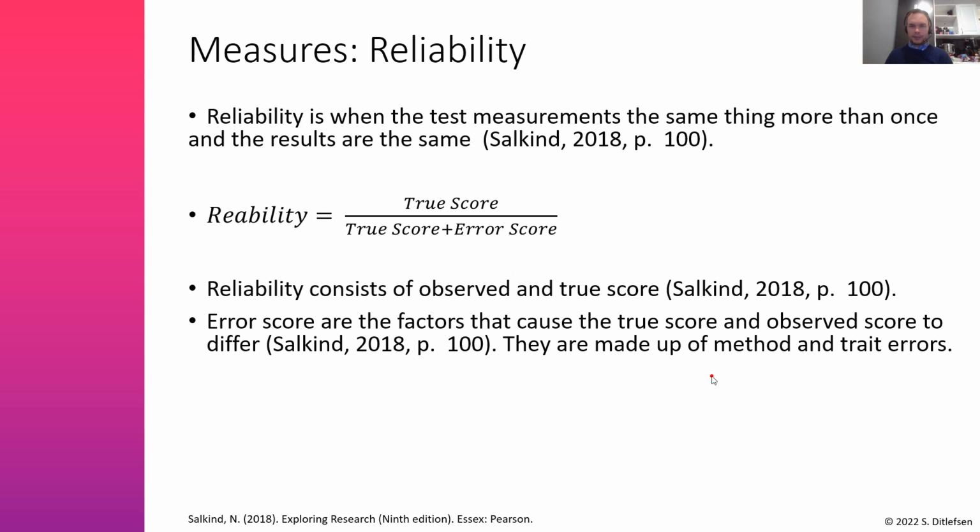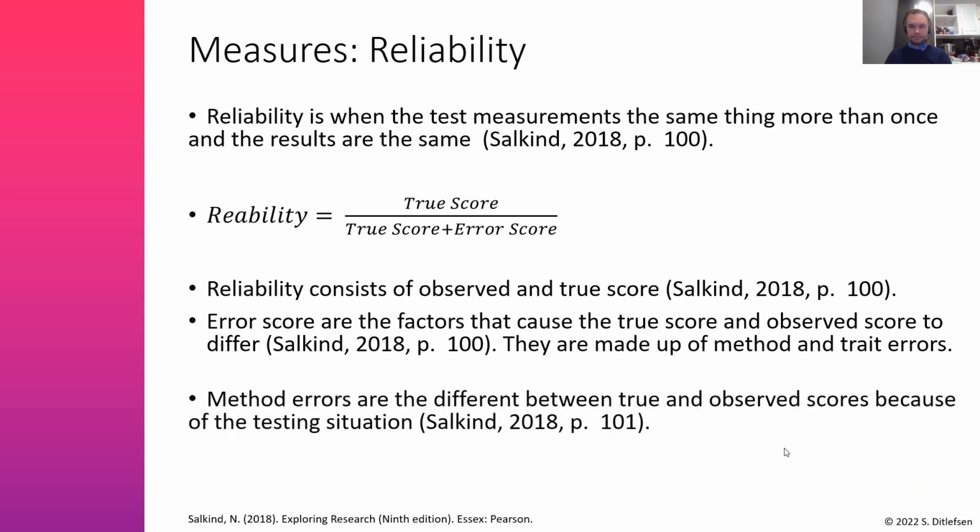So error score is method errors and trait errors. So two types of errors can happen. Okay, the first one, method error, is a difference between the true and observed score because of the testing situation. So think of the word method and think of testing. So you have a test and you do some method, and this causes some errors.